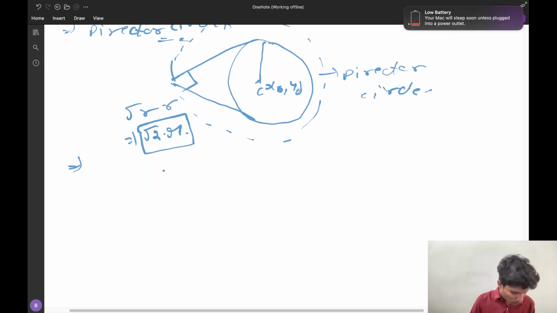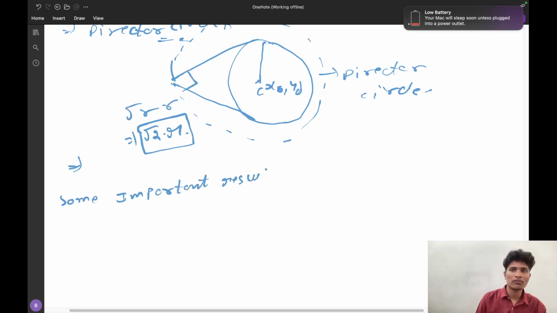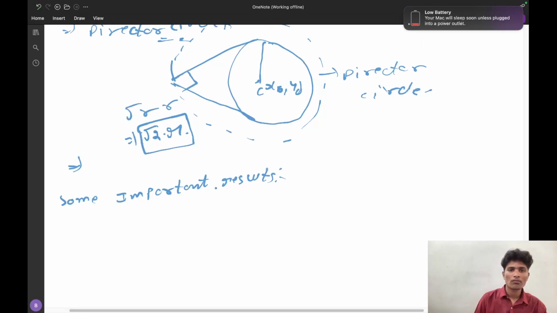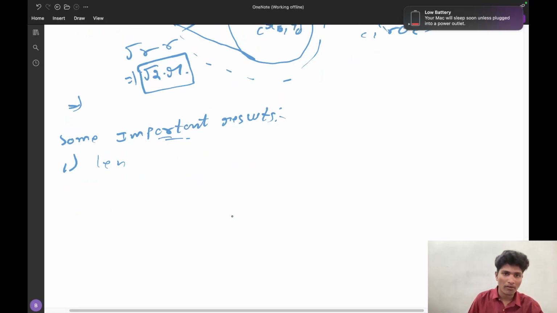Now there are some important results which you have to remember. That is, what is the length of the chord? I will draw the diagram so that you will understand.